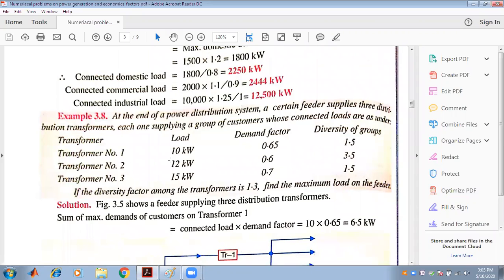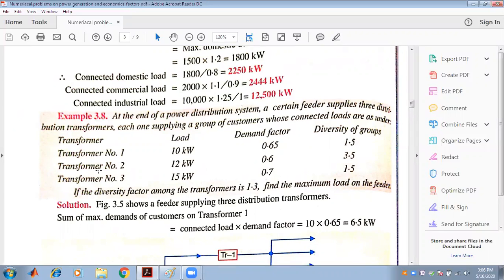The problem says, at the end of the power distribution system, a certain feeder supplies three distribution transformers, each one supplying a group of consumers whose connected loads are as under. Transformer 1: load is 10 kilowatt, demand factor is 0.65 and diversity group is 1.5.